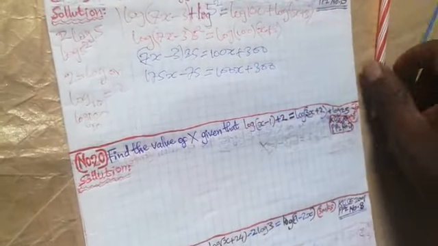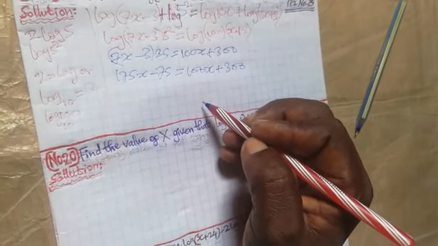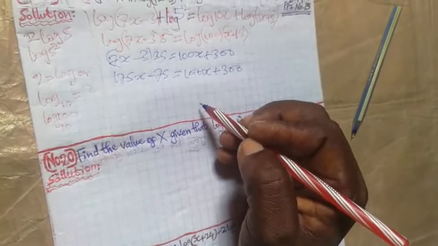Note that the smaller coefficients will always follow the big coefficients in such an equation.